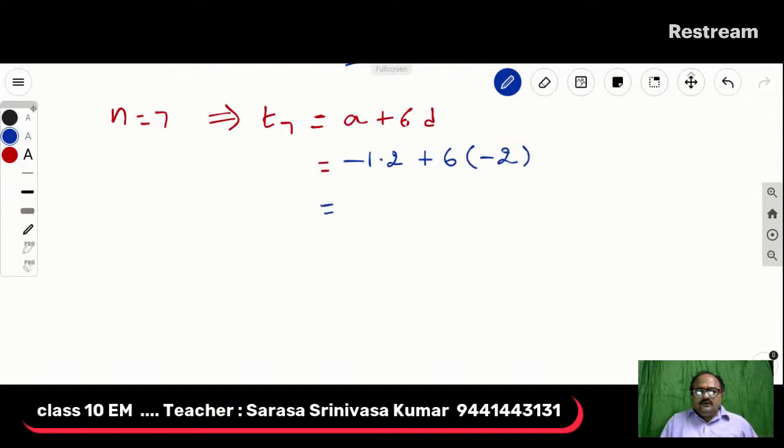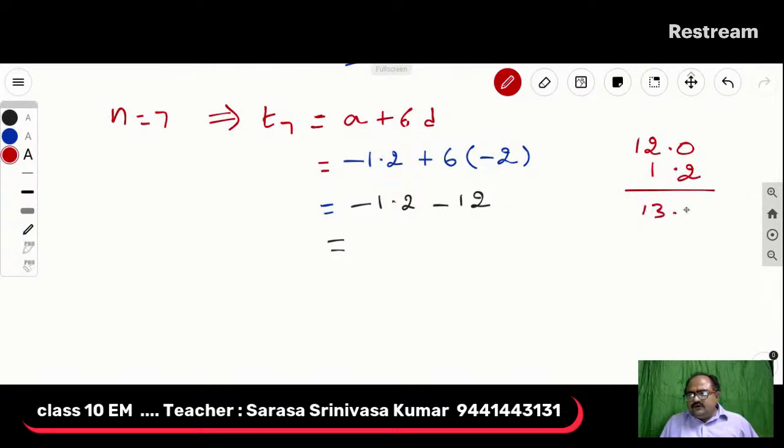This is equal to minus 1.2 minus 6 multiplied by 2 is 12. So we write minus 12. Here I do calculation here. 12 is written as 12.0 and 1.2. So this is written as 13.2. When we add these two, this is negative sign, this is also negative. So we write minus 13.2.